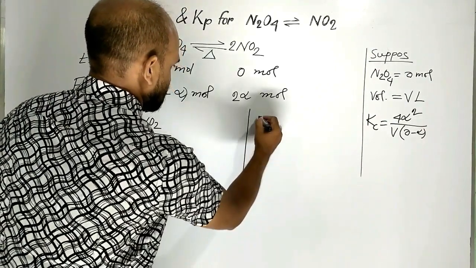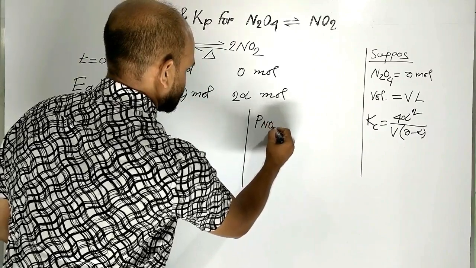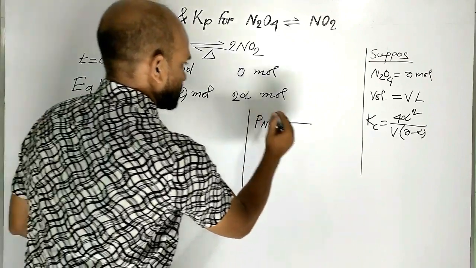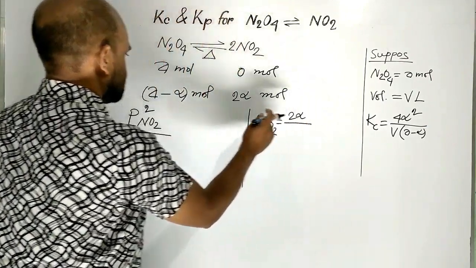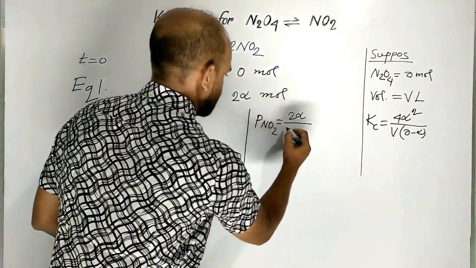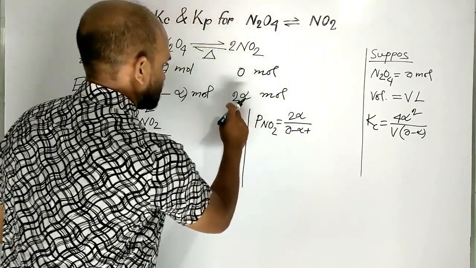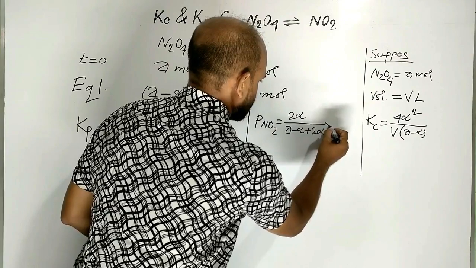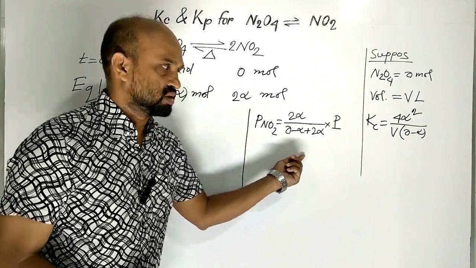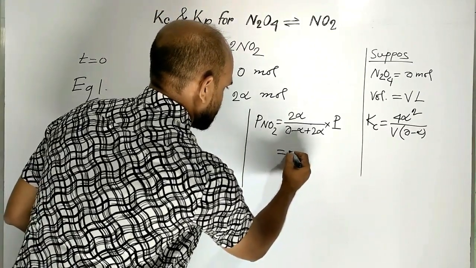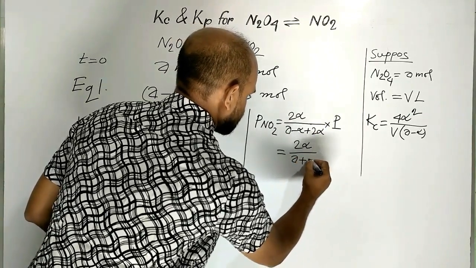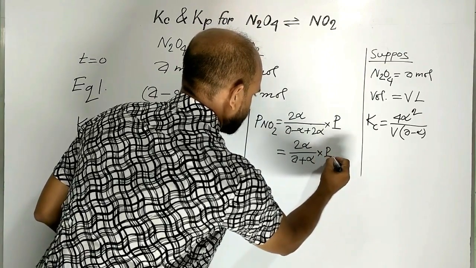Here partial pressure of nitrogen dioxide is equal to, we can write, number of moles of nitrogen dioxide, twice alpha, divided by total number of moles of the components in the reaction system, that is A minus alpha plus twice alpha, into total pressure of the reaction system, considered P. This is equal to twice alpha divided by A plus alpha into total pressure.